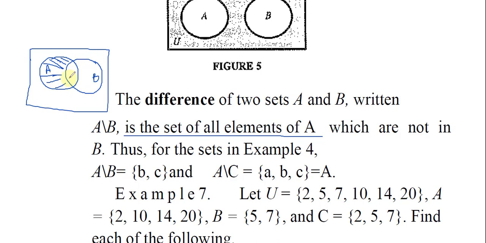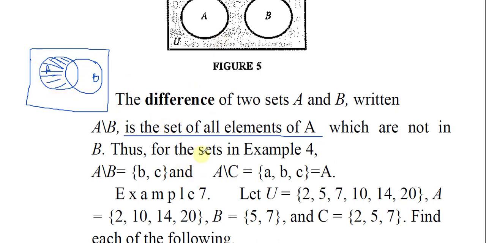We cannot take this part because it included B also. That's why the answer is only this part, this one.